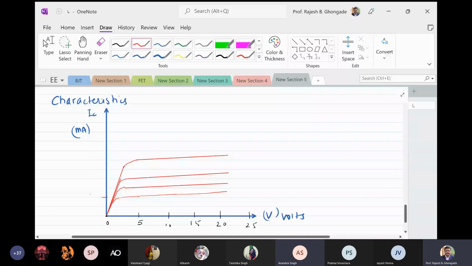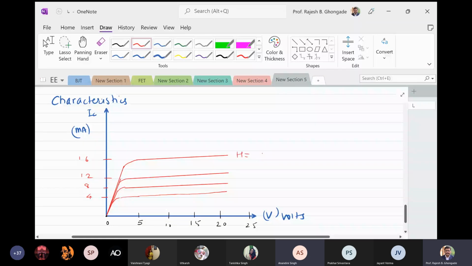So this is 4 milliamperes. And we have 8 milliamperes, 12 milliamperes, 16 milliamperes, and so on. And of course, it is sensitive to different values of illumination.